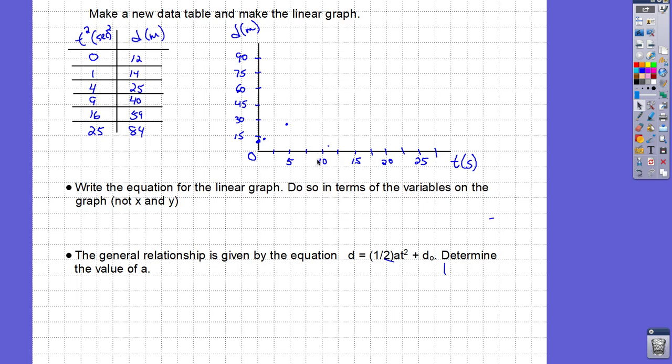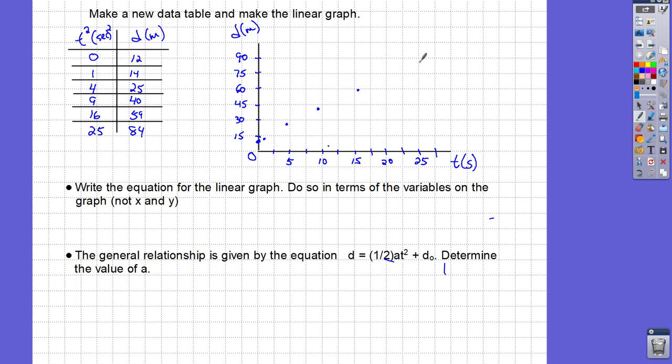We've got 9 and 40 out there. We've got 16 and 59 about there, and then we've got 25 and 84.